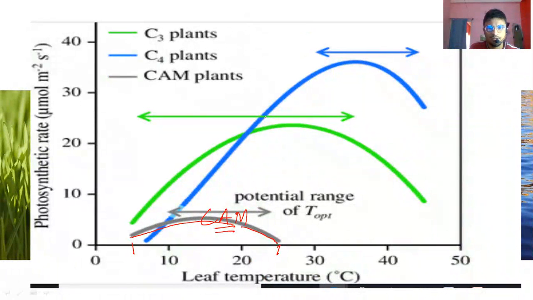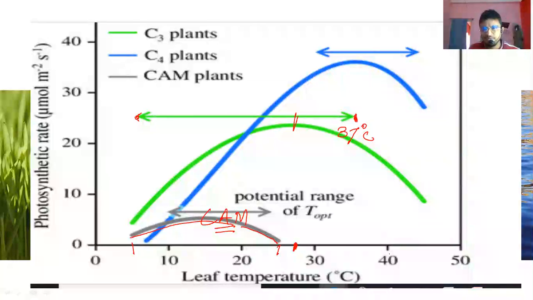Like if you take it from here, around 5 degrees up to 37 degrees Celsius, as much as the enzyme functions. So this is the potential range where the temperature is somewhere here, that is the top. So it is a little bit less than 30 degrees Celsius, where you can see the highest photosynthetic rate in terms of micromole per meter square per second.